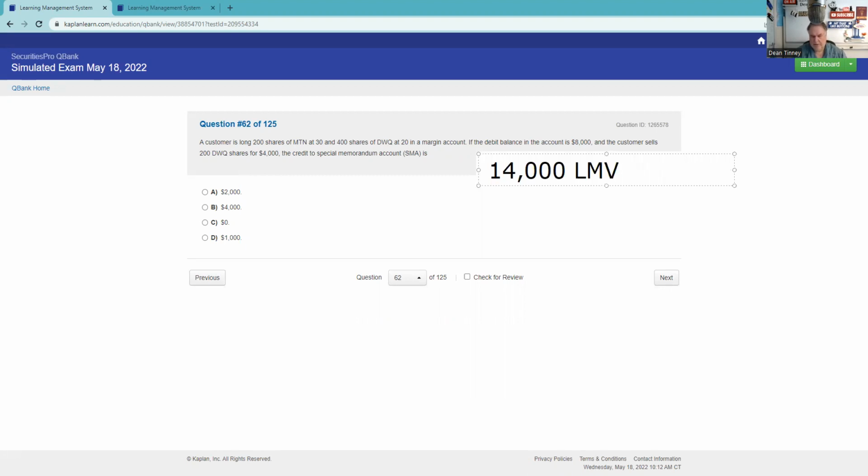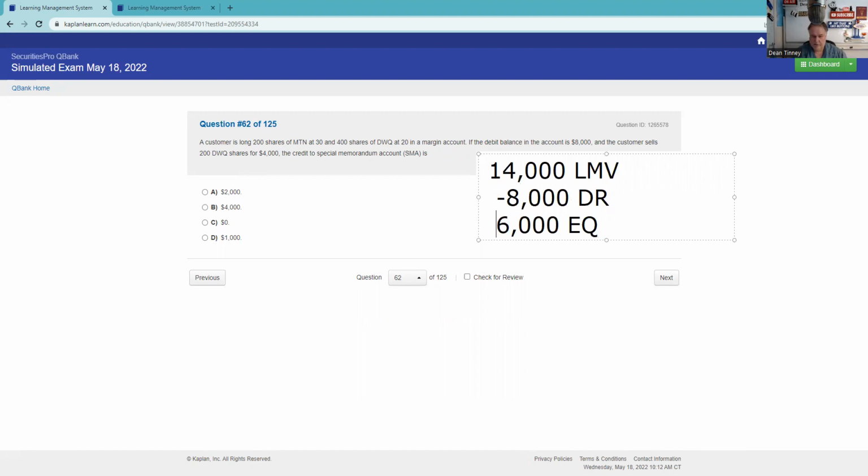And then it tells me that the debit balance is 8. And so that means I have $6,000 in equity. And that is called the classical margin equation.